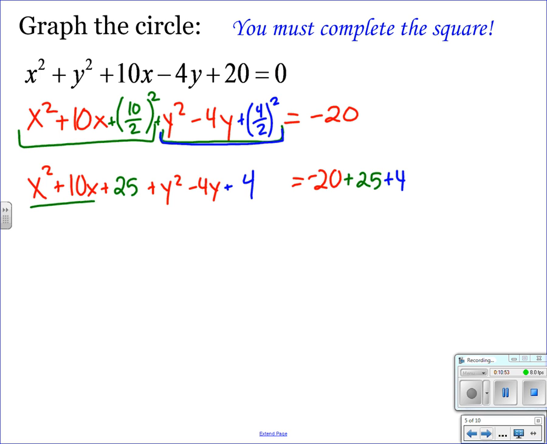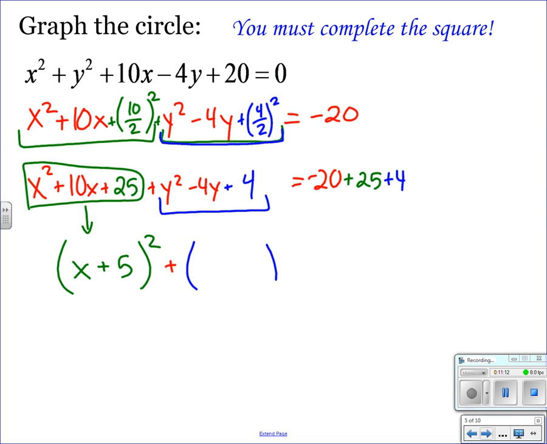Now, factor this. What I always tell my guys, you've rigged the problem. You've made it so that it factors to a perfect square trinomial. You've rigged the other piece so that it factors to a perfect square.